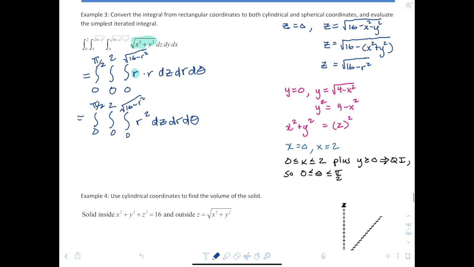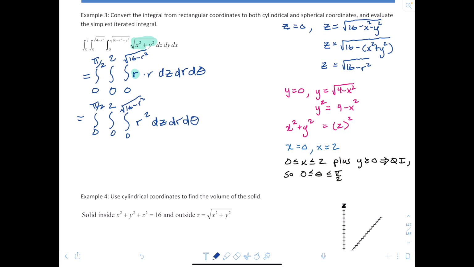And you know, it wouldn't have been that bad to integrate this one. I mean, I guess we could do it really quick and see what happens. So this would end up being the integral 0 to pi over 2, integral from 0 to 2 of r squared times z, and that's going to go from z equals 0 to z equals the square root of 16 minus r squared. So that might actually be a little grumpy.